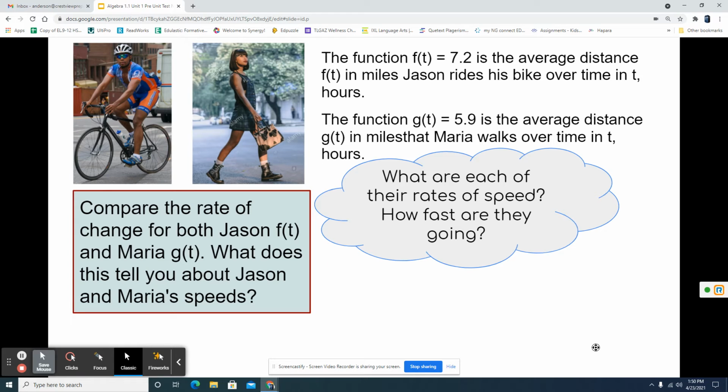So if you had to compare the rate of change for both Jason and Maria, what does this tell you about Jason and Maria's speeds? So think, how fast are they going? Well, it says that Jason is going 7.2 miles per hour, and Maria is going 5.9 miles per hour.